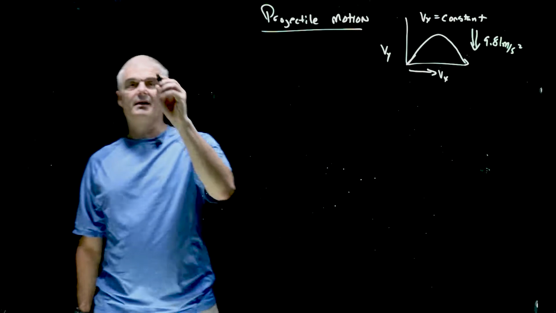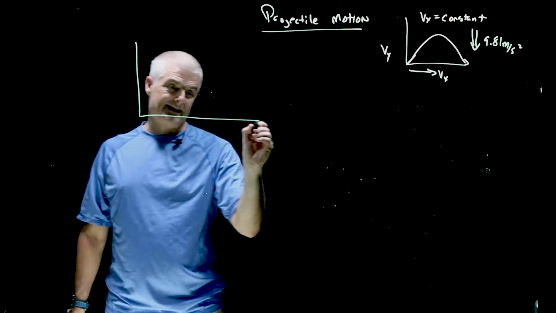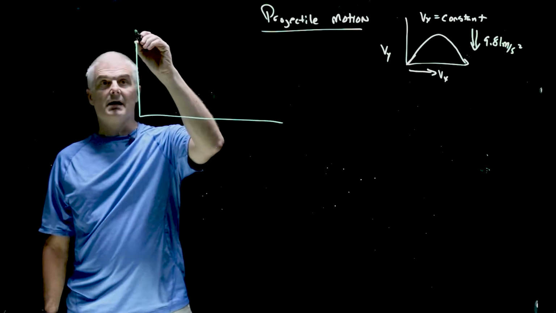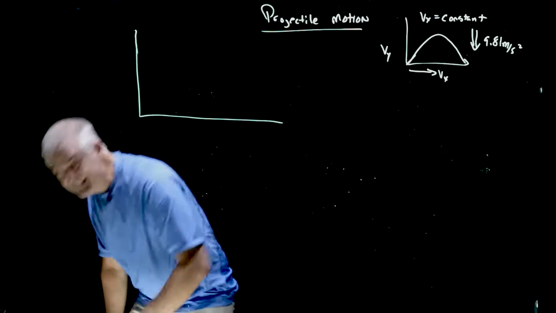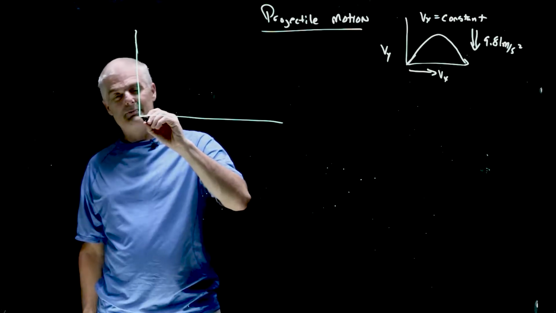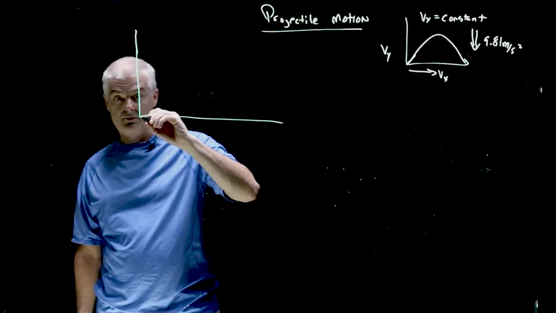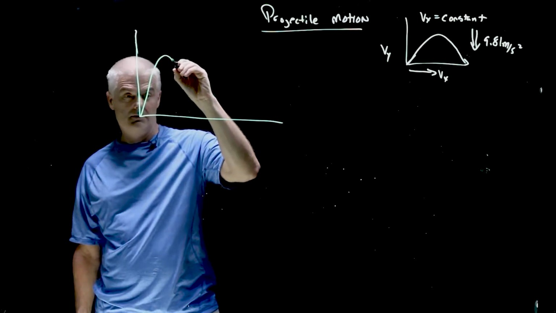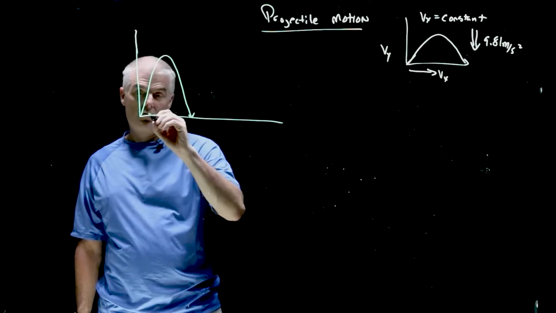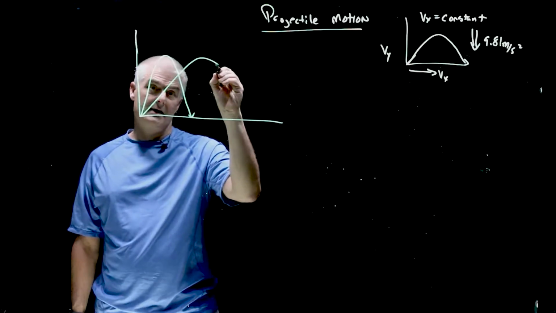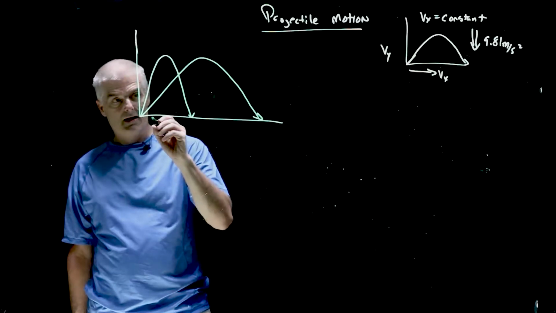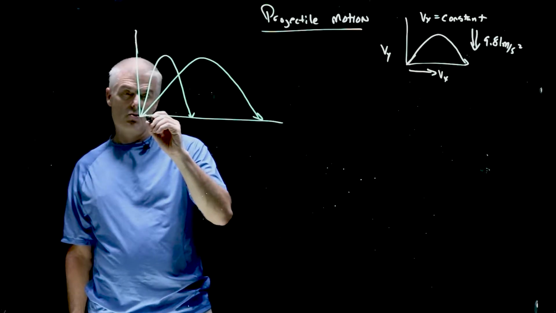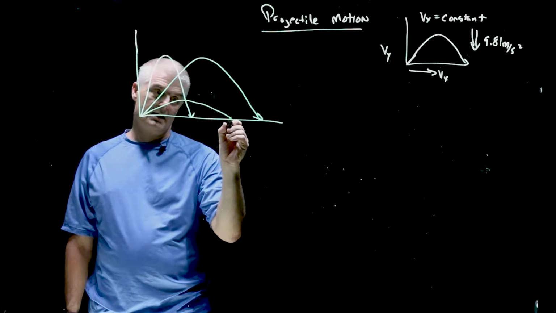So if we think about launching something, let's say you're trying to hit a target. Maybe you're a golfer. You can shoot it off at different angles. You can shoot it at a steep angle, boom, or at a different angle, and some of this has to do with the speed at which you launch it. Or you can shoot it off at another angle.